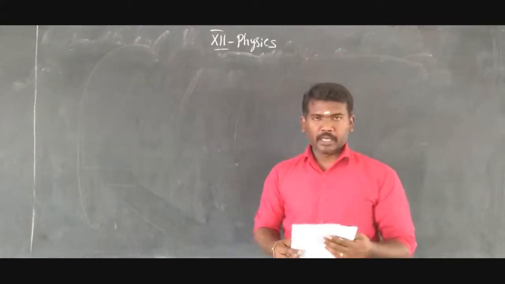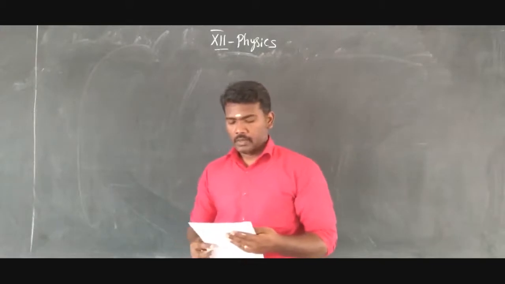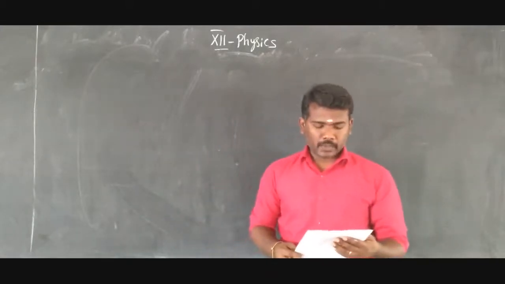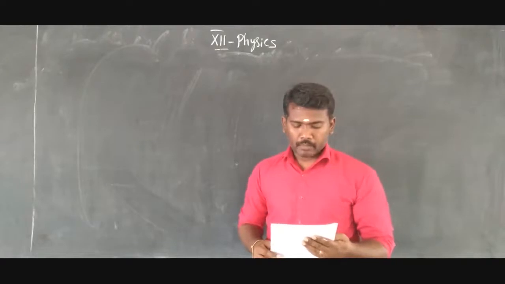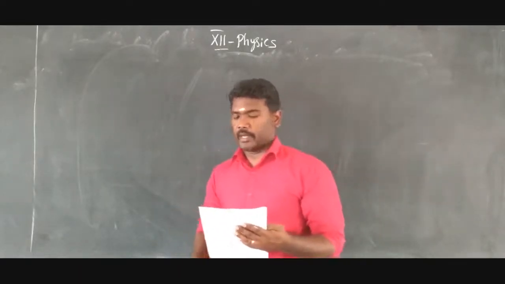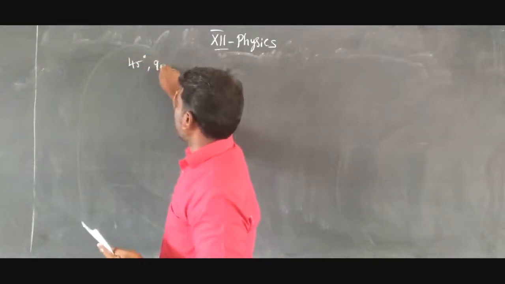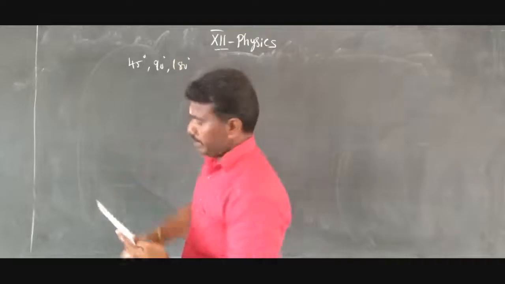And the second question: two polaroids P1 and P2 are placed parallel to each other, then P2 is rotated through an angle of 45 degree, 90 degree, 180 degree.